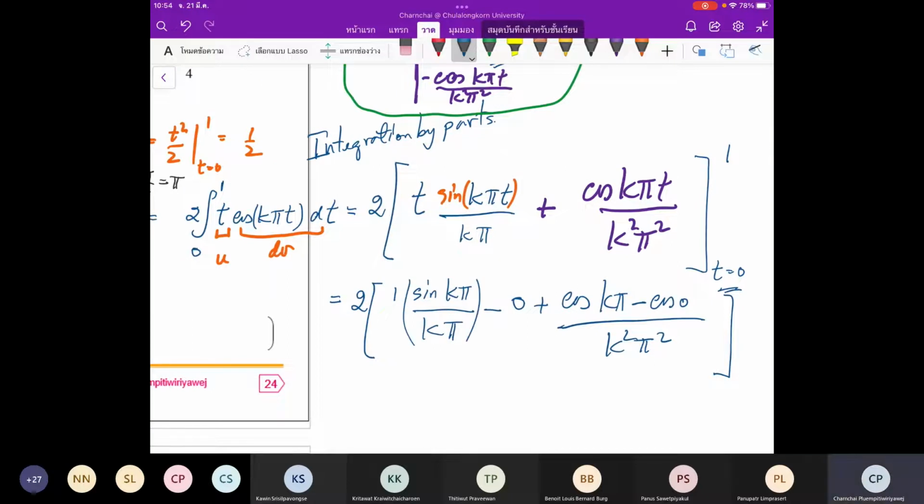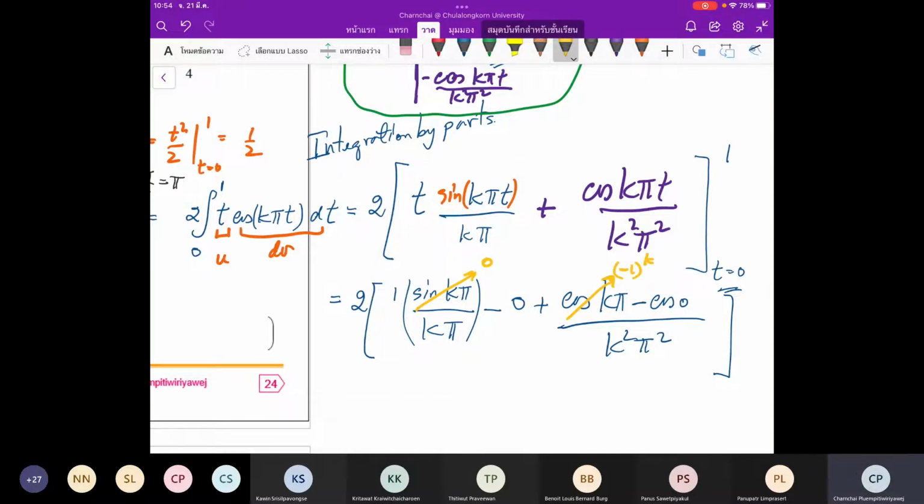What is sine of k pi? Sine of k pi is 0, right? Sine of pi, 2 pi, 3 pi are all zeros. What is cosine of k pi? Cosine of k pi is negative 1 to the k.